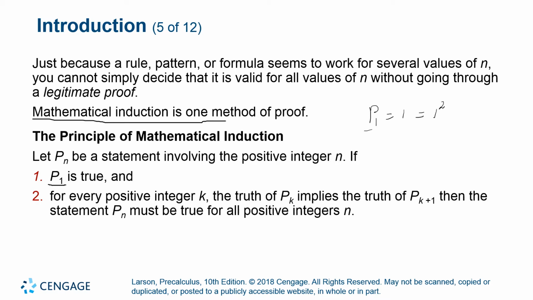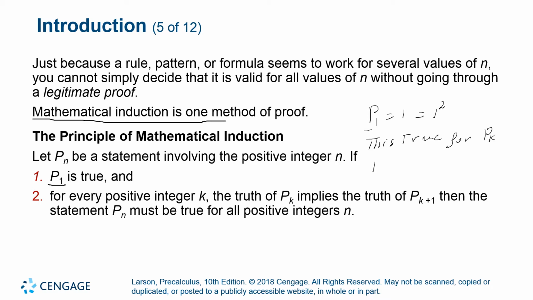Then we want to assume that this formula is true for all values up to some value we're going to call k. For example, we can say this is true for P of k.